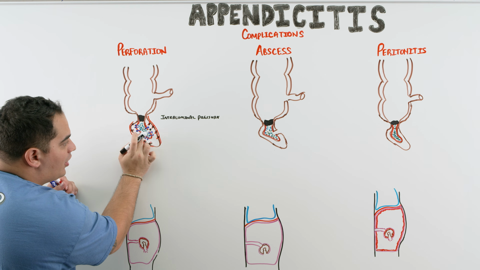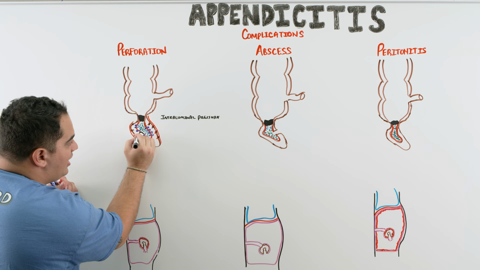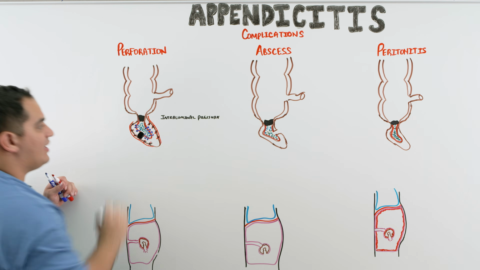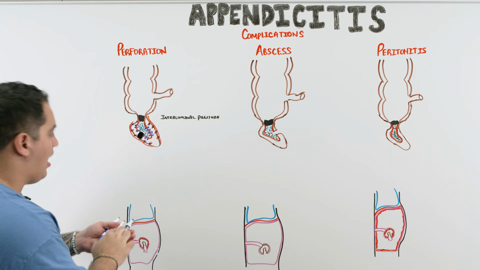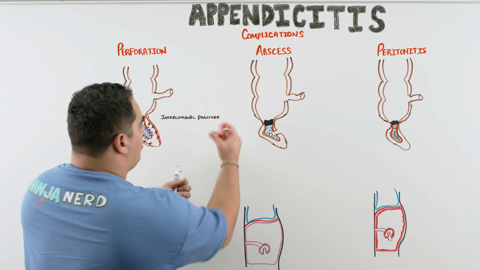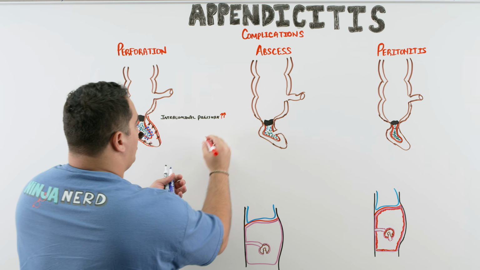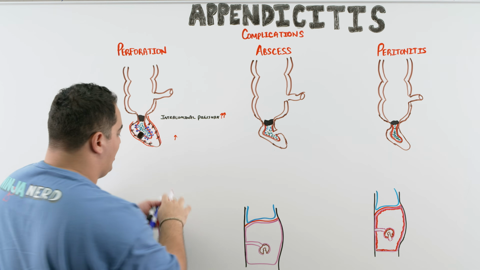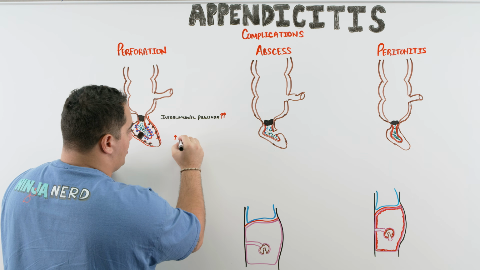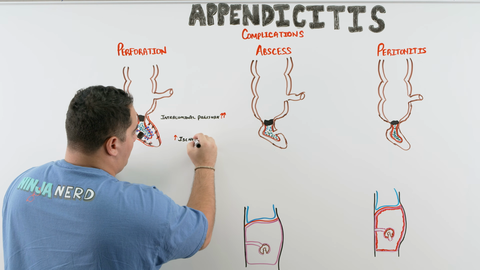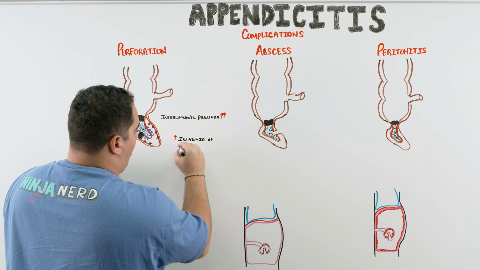So what will start to occur here is you'll start to experience something called ischemia. So now this area, which I'm going to represent in black, is now all ischemic. So that's one potential complication that can arise. As the increased intraluminal pressure occurs, you're going to increase ischemia to the actual appendix wall. So you're going to cause ischemia of appendix.